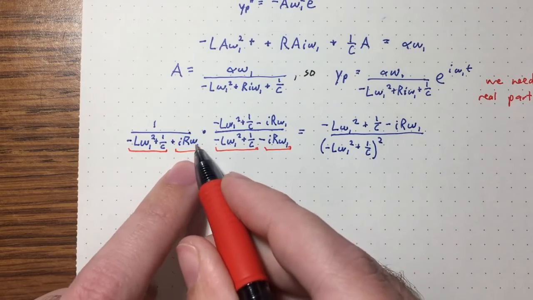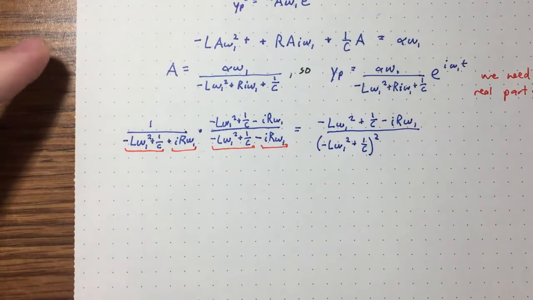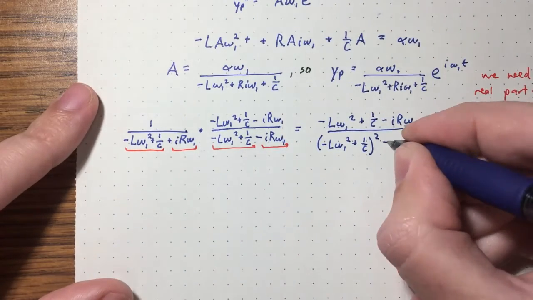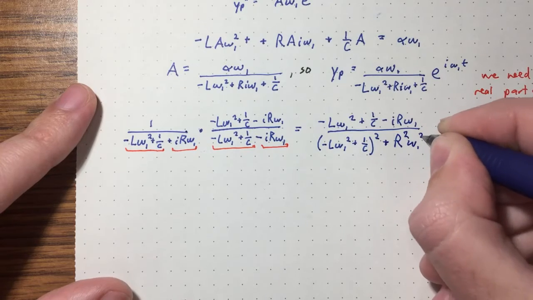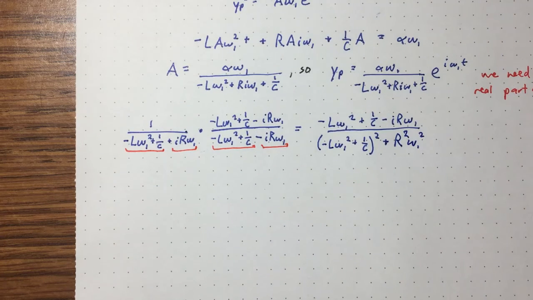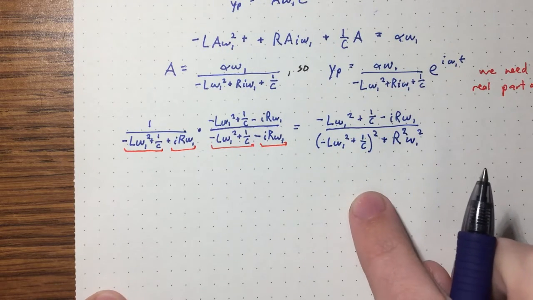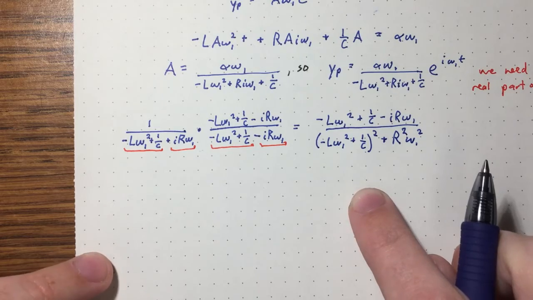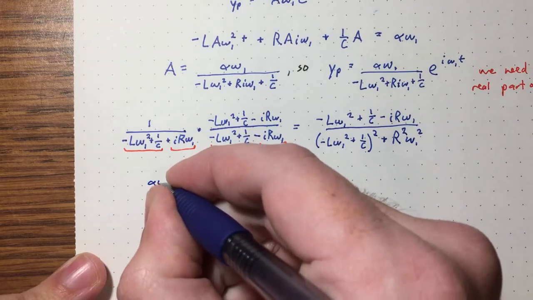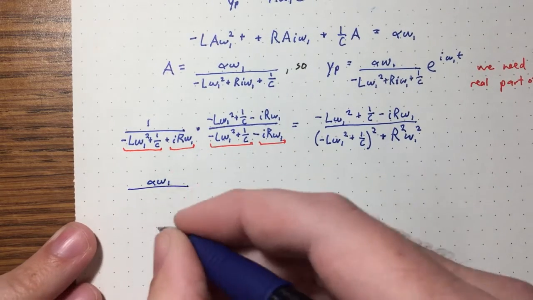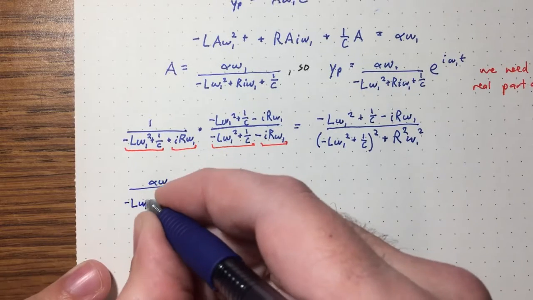So i R omega 1 times minus i R omega 1: i times i is negative 1, and I have an additional minus, so I have plus R squared omega 1 squared. Okay, so that's just rewriting 1 over this thing. But I have this alpha omega 1 still.